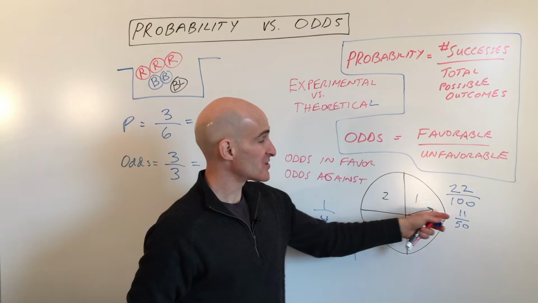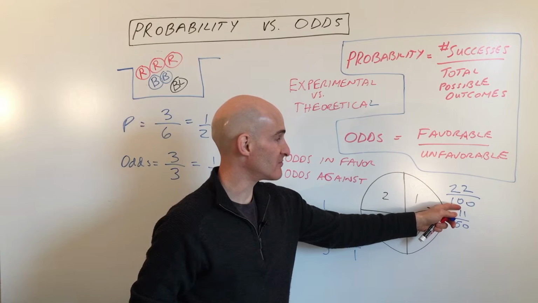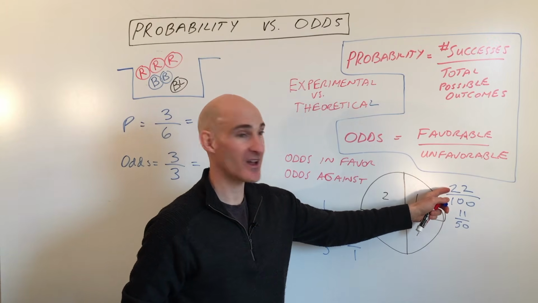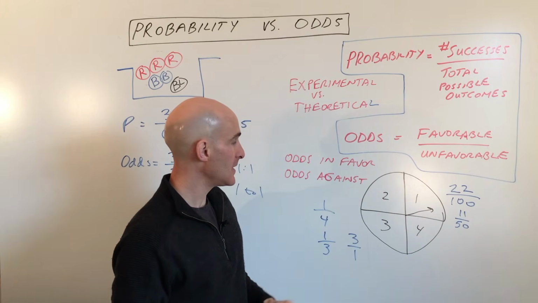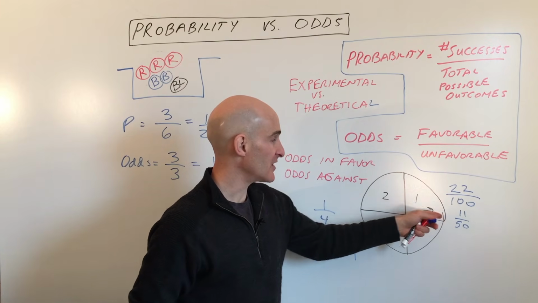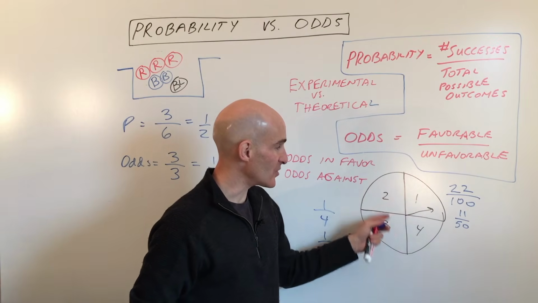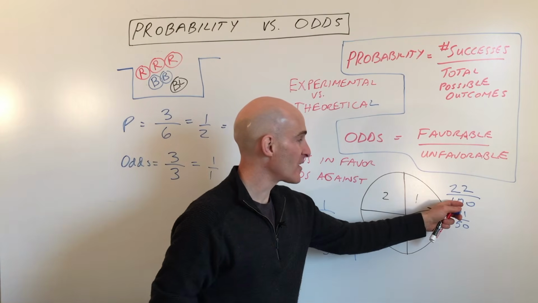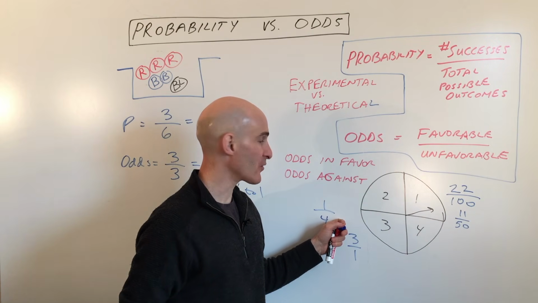So experimental, you just think of it as running an experiment. You're running trials. You do it 100 times or 20 times or 1,000 times, and you count how many successes, how many things occur that you're interested in having happen out of the total trials, and that's your experimental probability. Now, as the number of trials goes up, assuming the spinner is balanced, these are equally spaced, there's no glitchiness to it, this experimental probability will likely become closer and closer to the theoretical probability.